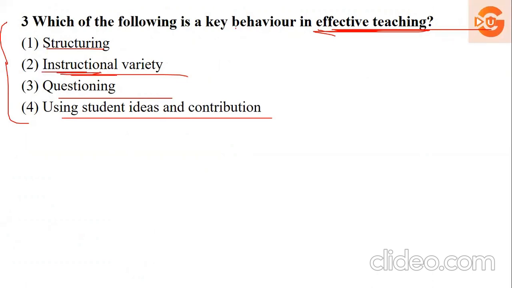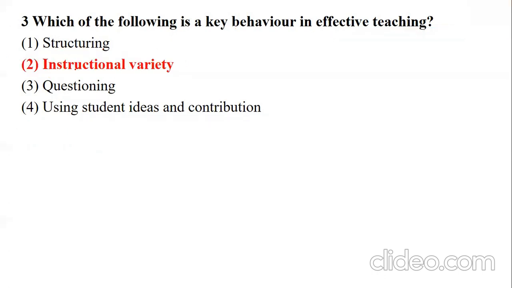How you give instructions, how students understand it, how they take it. So your instructions matter a lot. Variety and dynamism in your instructions will definitely matter a lot in effective teaching. How you control students with your instructions matters a lot. So instructional variety is your correct answer.